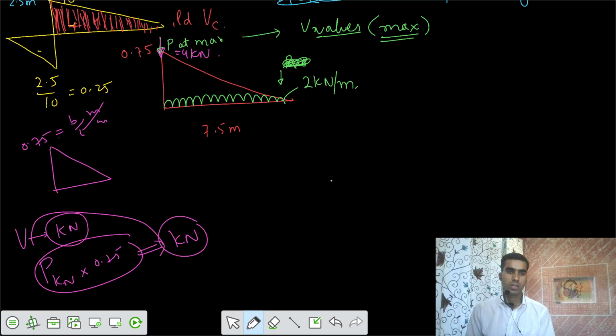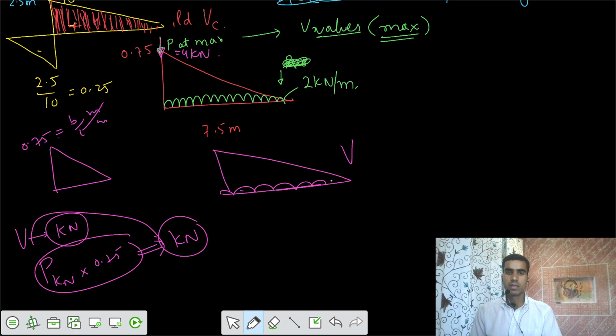That's your shear force. Now how can you get the shear force out of the UDL and some area? The ordinate 0.75 is unitless. There is some length of 7.5 meter, and we have some UDL of 2 kilonewton per meter. That means I need shear force in terms of kilonewton.